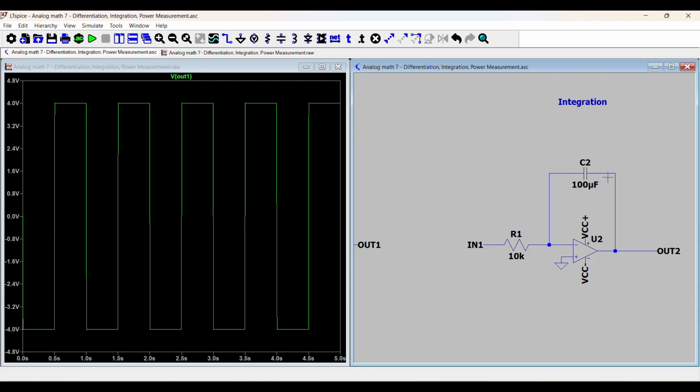Here, the capacitor is taking the output and differentiating it to get the current. So the voltage drop across here is basically a differentiating voltage and current relationship.